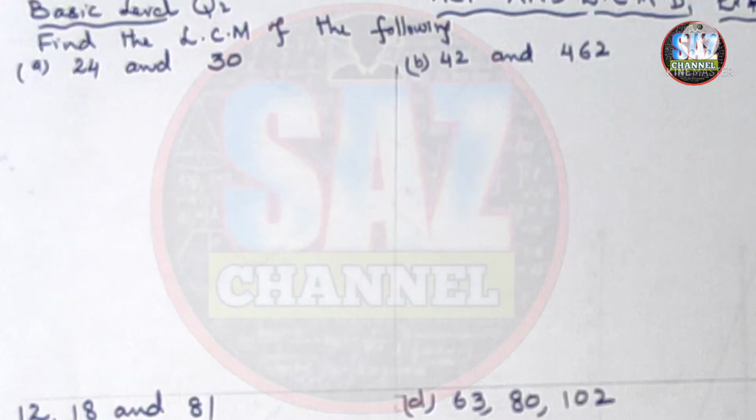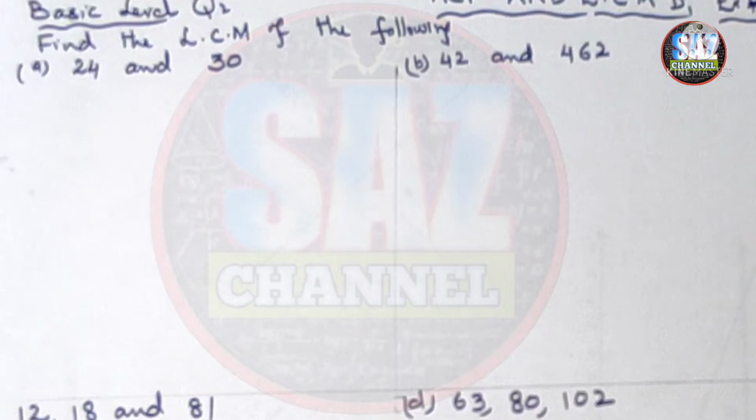LCM is the product of common and non-common factors, and we have to choose the power of each of the common prime factors with the highest index in order to get the LCM of the given numbers. The remaining factors will be coming as they are in the product.